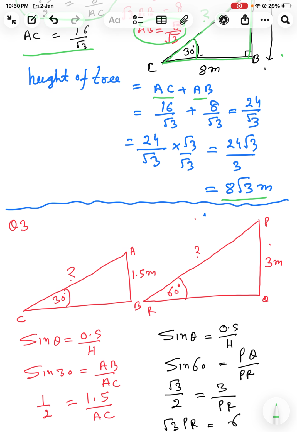In question number 3, there are two slides. One is 1.5 meters high, which is for younger children, and the other is 3 meters high, for elder children, which makes 60 degrees, and the smaller children's slide makes 30 degrees. We have to find the length of the slide in each case.